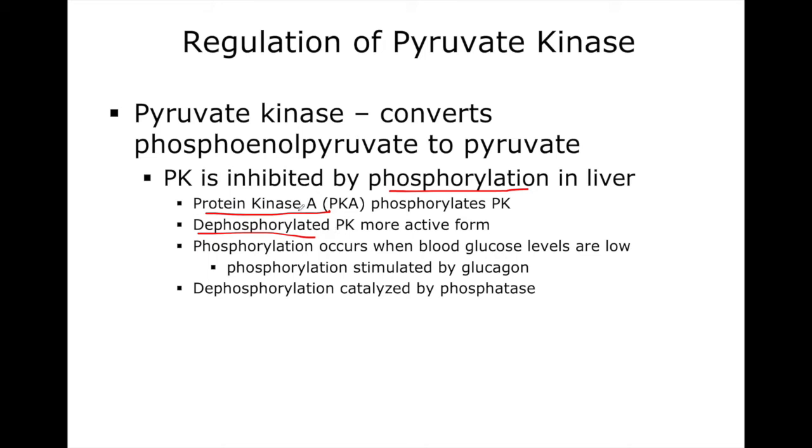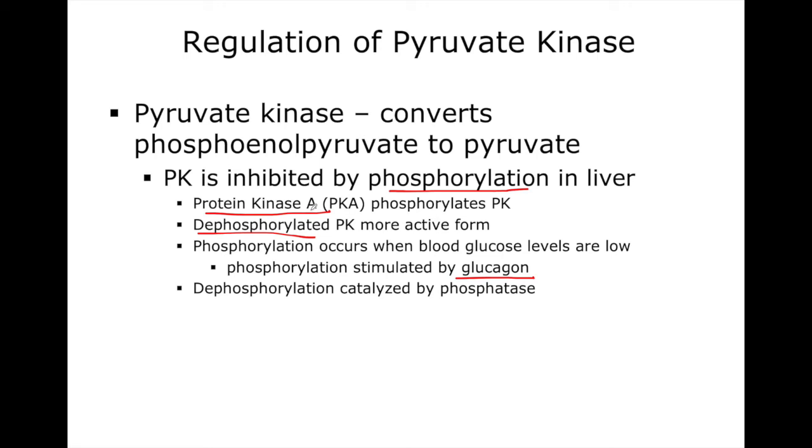Now remember, PKA is activated when blood glucose levels are low and we have an increase in glucagon. So glucagon binds to its receptor, if you recall. The receptor activates adenylate cyclase, which produces cyclic AMP, which activates PKA, and PKA therefore phosphorylates pyruvate kinase and inhibits it.